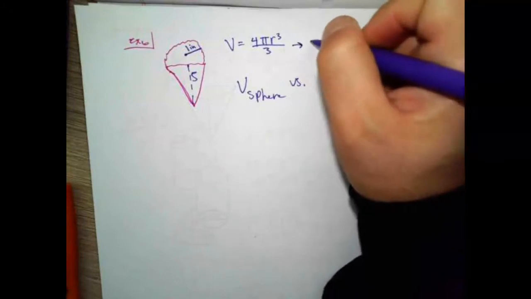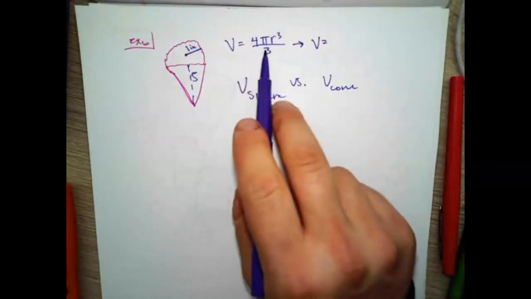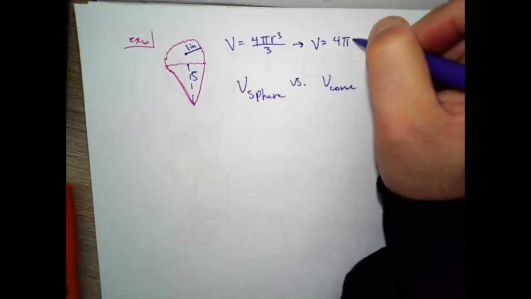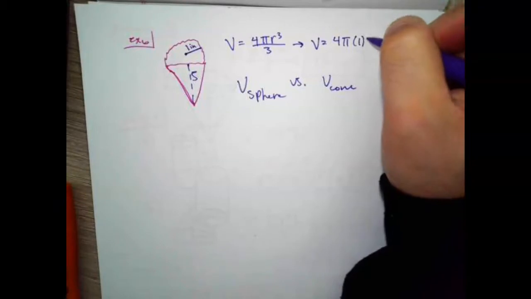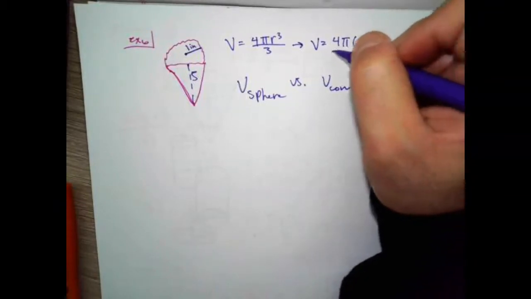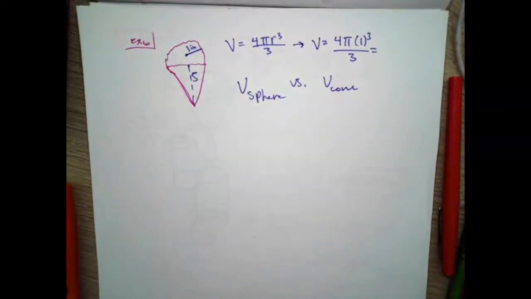So the volume of the ice cream, remember, it's a sphere, it's like a ball. So use this formula. So it's 4 times pi. The radius is just 1, so that's easy. And then divide by 3. Okay. So 4 times pi divided by 3.